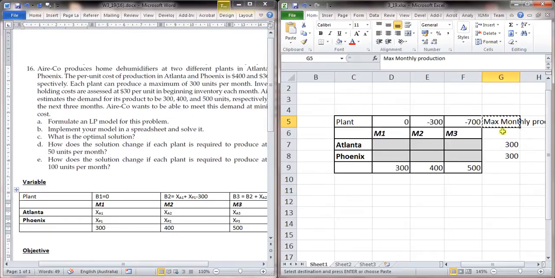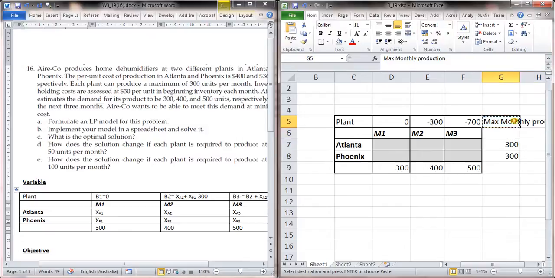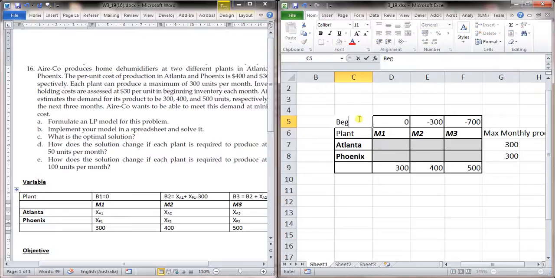We'll move this one to here, and we'll move plan to here. And this is the beginning inventory of each month.